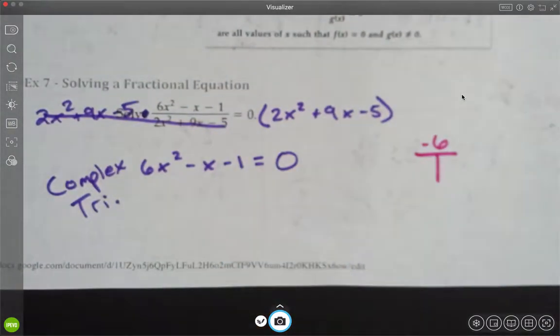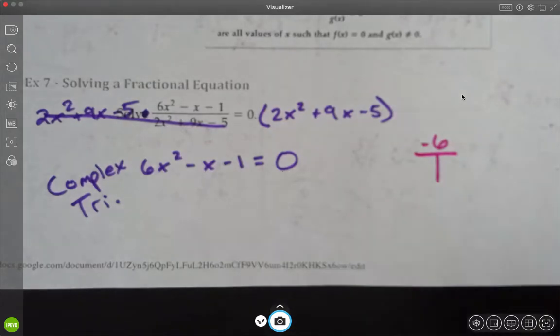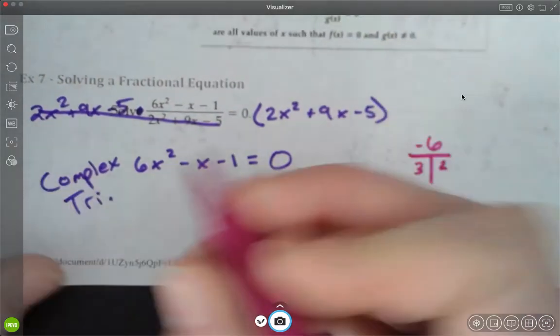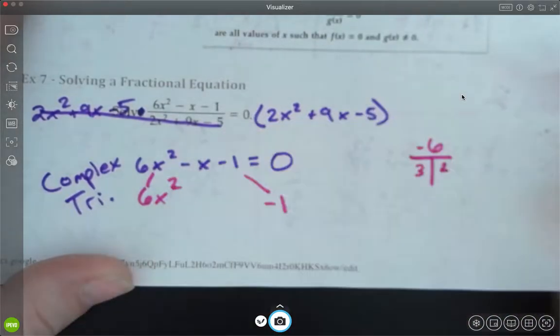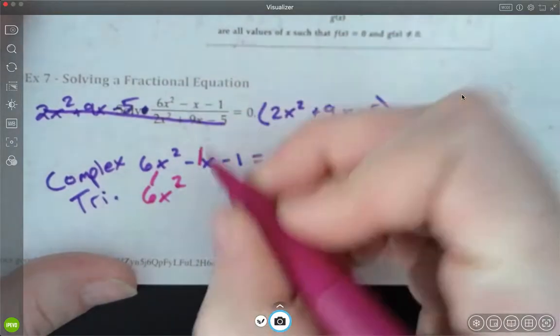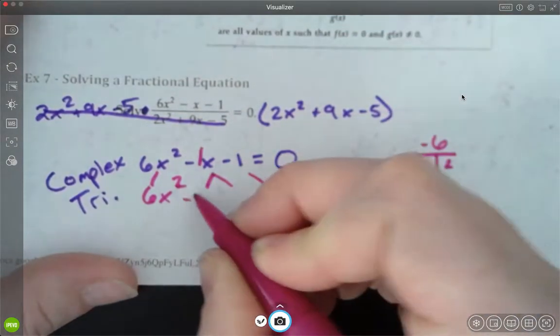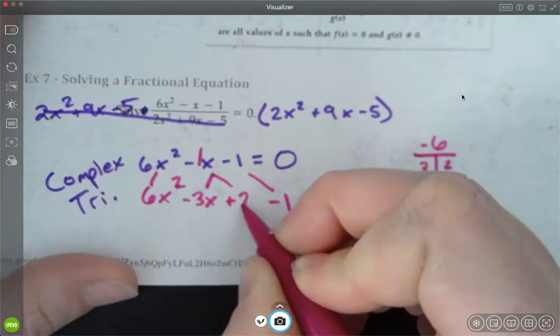And then you want 3 and 2 to get 1. It should be -3 and +2. So 3 and 2 is the combination that we need. 6x squared stays, -1 stays. We want -1 in the middle, so this has got to be -3x plus 2x.